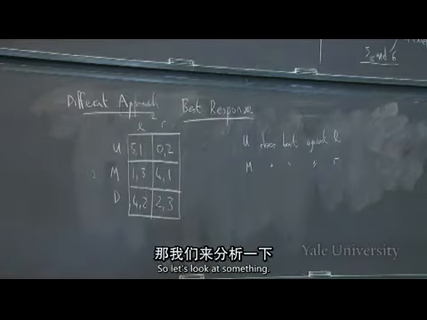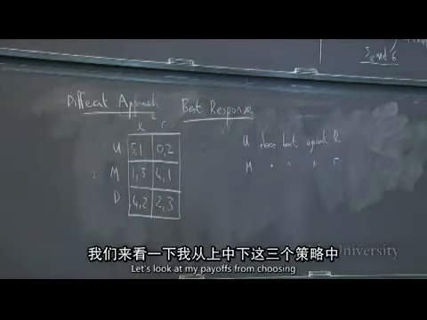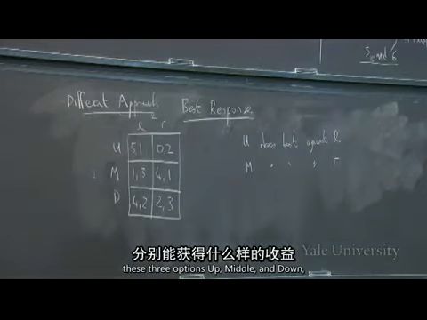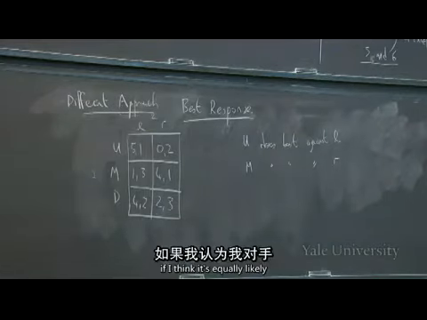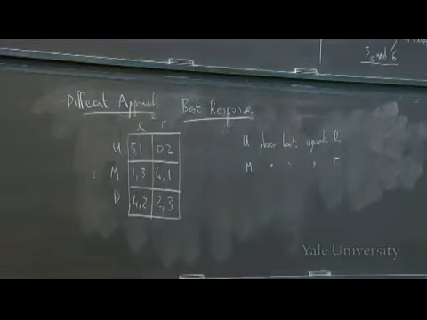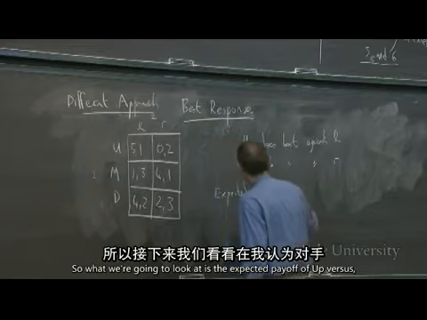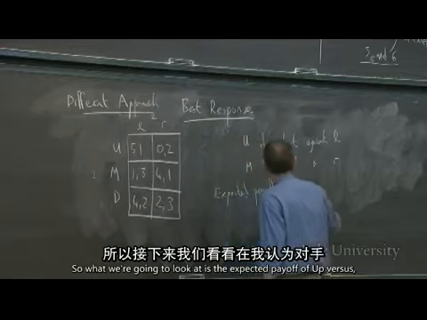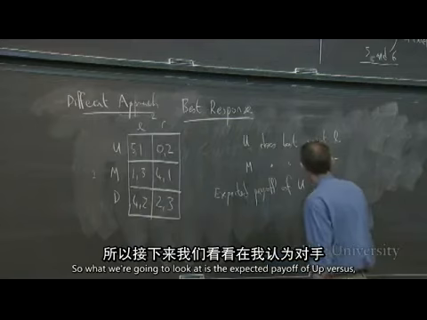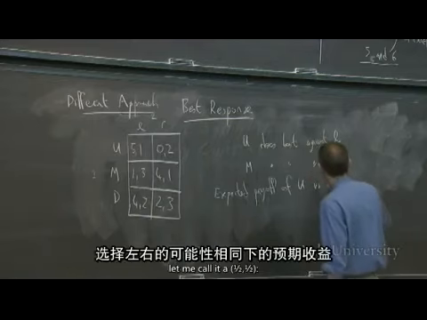So let's look at something. Let's look at my payoffs from choosing these 3 options, up, middle, and down, if I think it's equally likely that my opponent will choose left and right. Okay? So what we're going to look at is the expected payoff of up versus, let me call it a half-half.